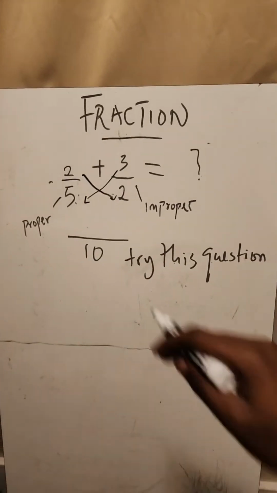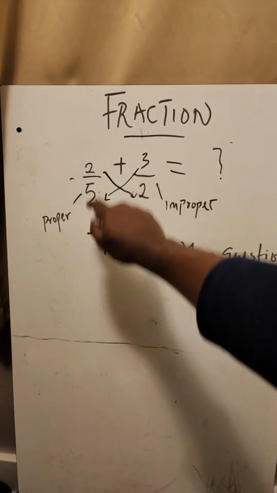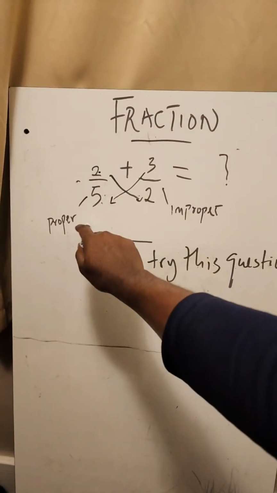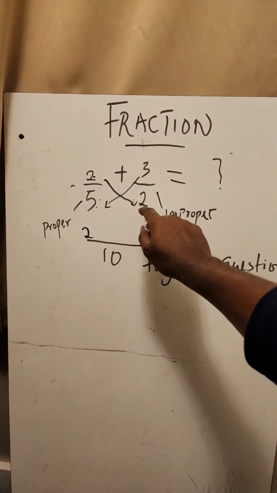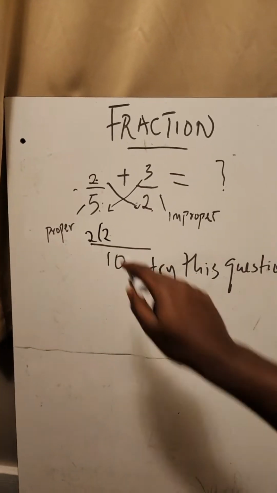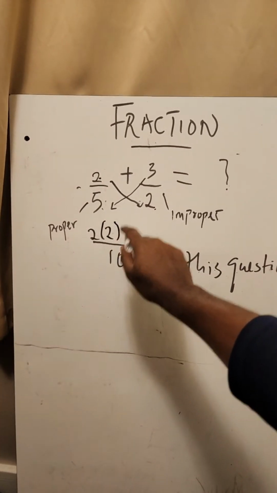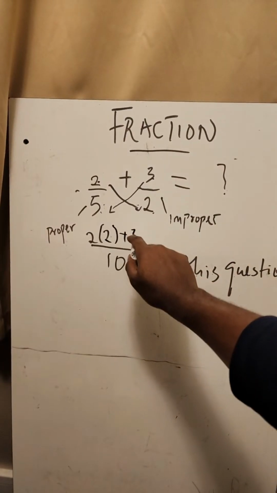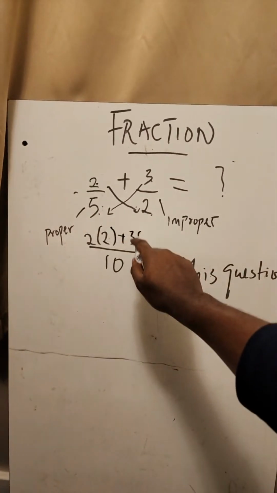Now here we have 2, which is this first term, multiplying the denominator of this. And also the same way you can let 3 multiply this denominator of 5.